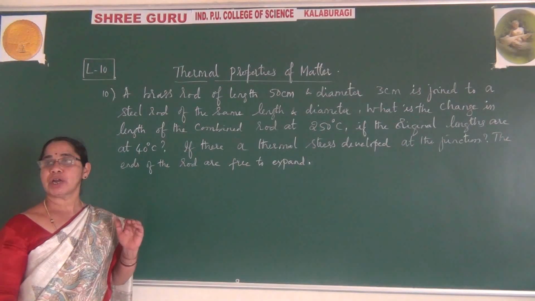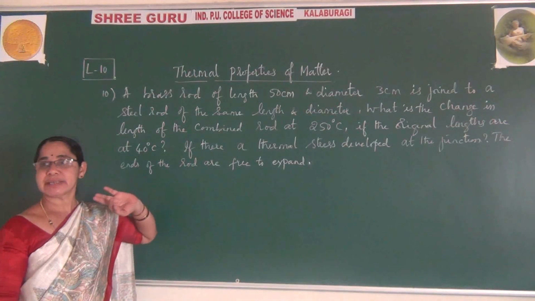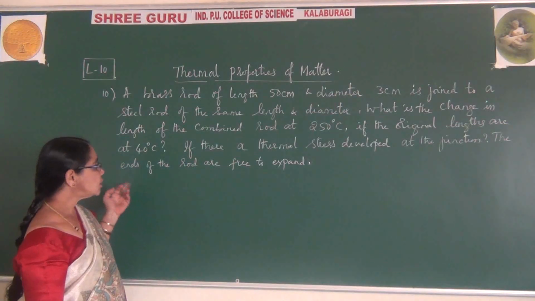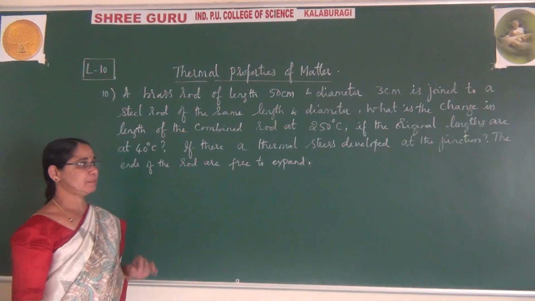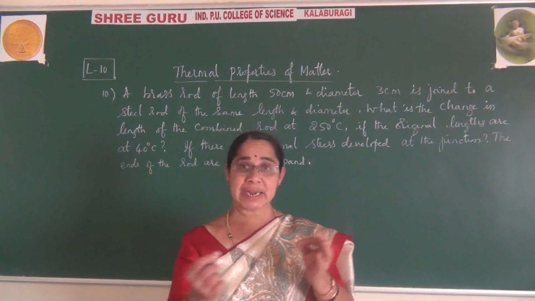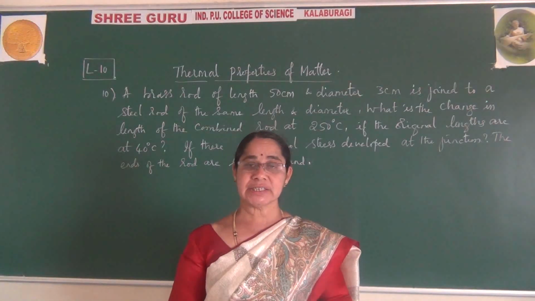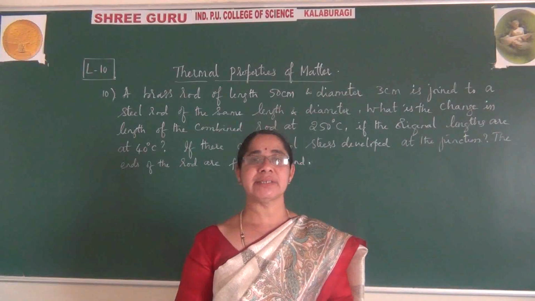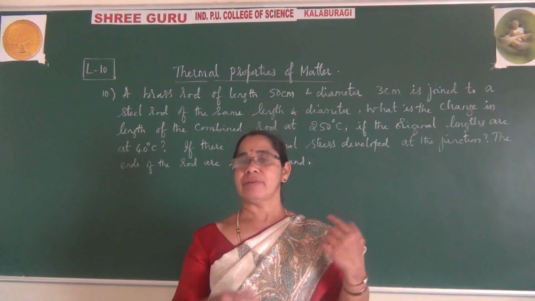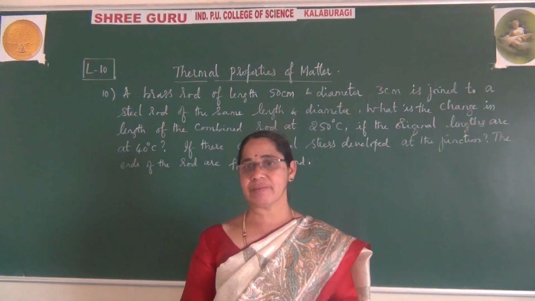If it is not, no. You have to say clearly. The ends of the rod are free to expand. So the rod's ends are free to expand, but both are combined at one point. That point is called the junction, and at that junction you have to determine whether the thermal stress is developed or not. And the ends are free to expand. So these conditions they have given.